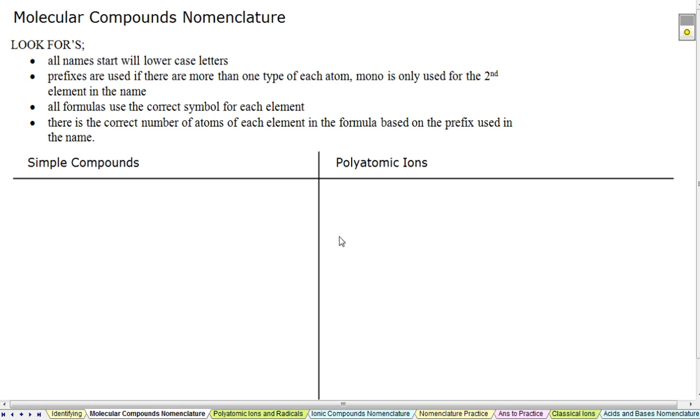So we're looking at molecular compounds and the way that we can identify them and name them. I want to draw your attention to the look fors. These are the things that whenever we go to name or we go to write out the chemical formulas, we need to make sure that we look for. All names need to start with lowercase letters.